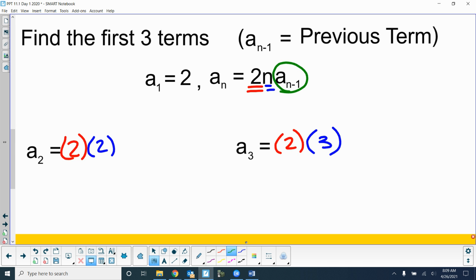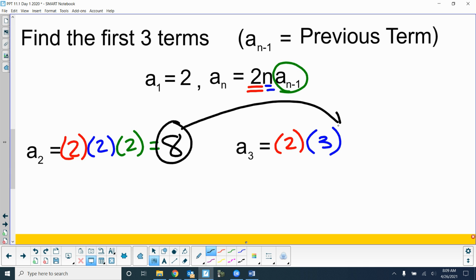So when I'm looking for the second term, what term is before that? 2, which was the first term, right? And then, again, this is the previous term, so I got to put that there for the a sub n minus 1. Okay? So that's how you get the 48 that Dominic told us.